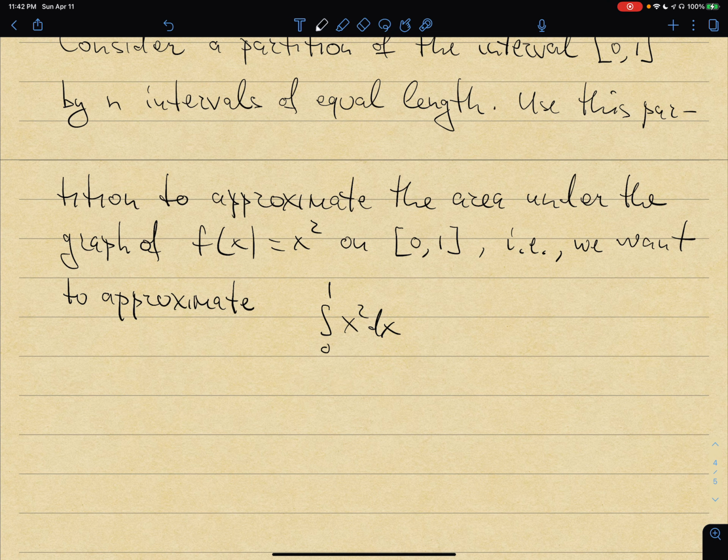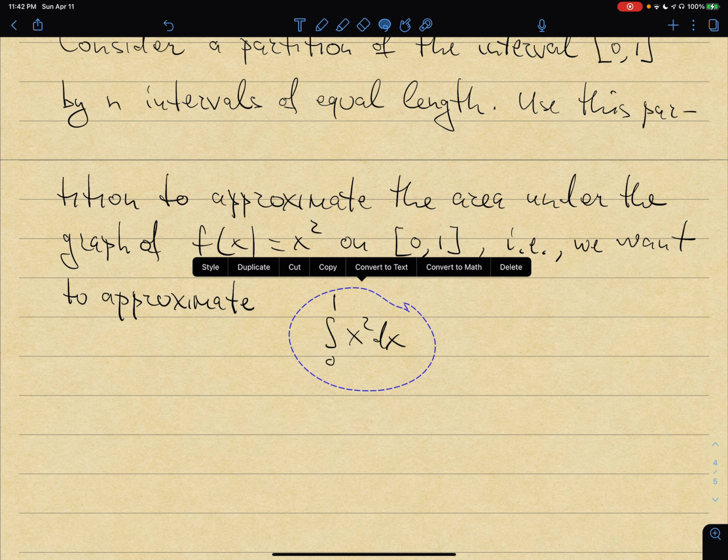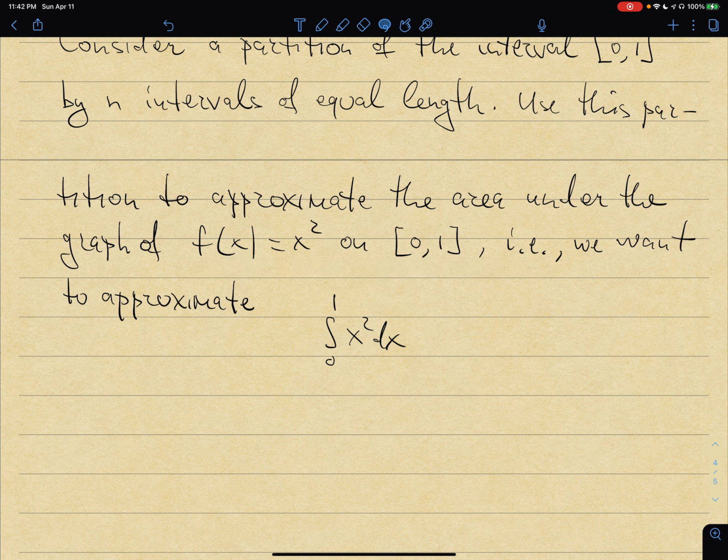Because you already are familiar with definite integration, this is not such a difficult thing. You know that the answer is going to be x cubed over 3. You take the antiderivative of x squared on the interval from 0 to 1. The answer is going to be 1/3.